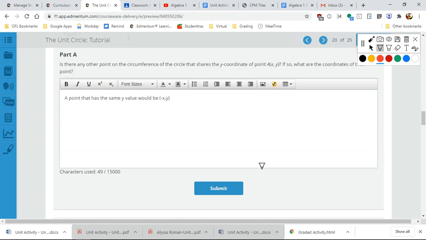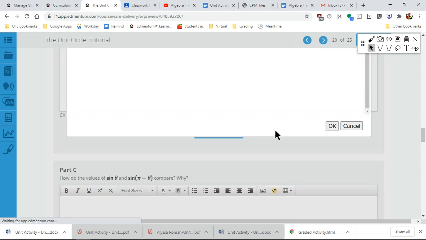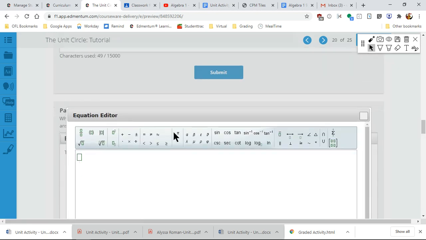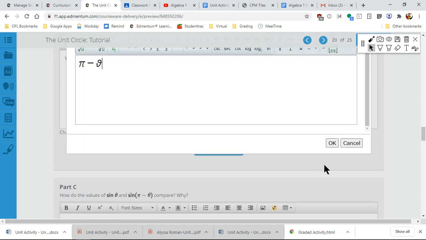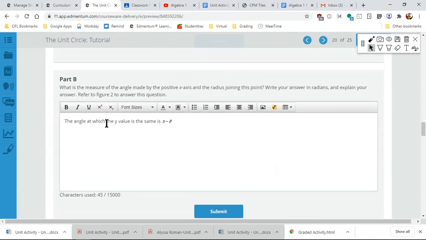So what I'm going to say here is the angle at which the y value is the same is, using my equation editor, pi minus theta. So that's what our answer is going to be.